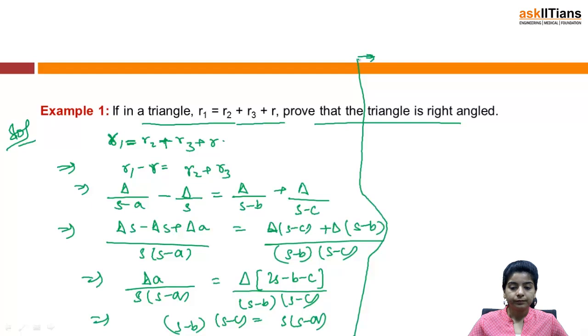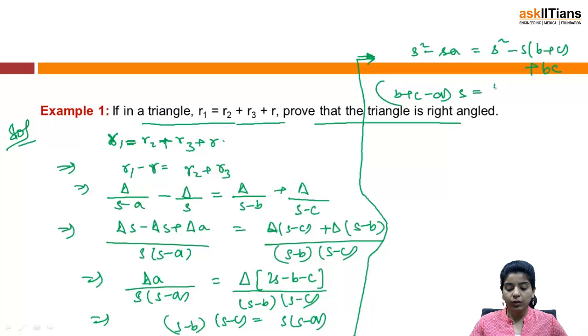Then we have s square minus sa is equal to s square minus s(b plus c) plus bc, right? So s square also gets cancelled, and if I take s on this side, we have s(b plus c minus a) is equal to bc.